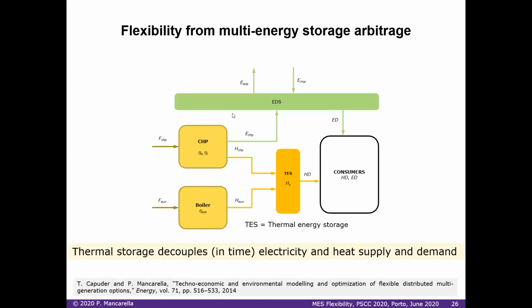How can I model this? Well, first of all, just by adding a thermal energy store here, immediately I decouple in time the electricity and heat supply and demand. So, of course, I introduce immediately a new form of flexibility that, although associated with heat, is of course allowing me to play a lot more with the electricity inputs and outputs potentially also.